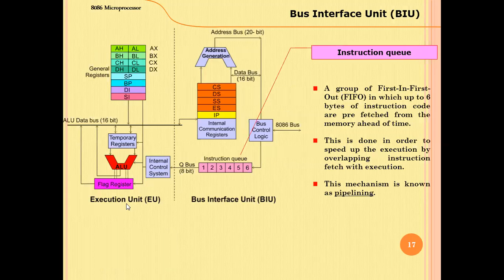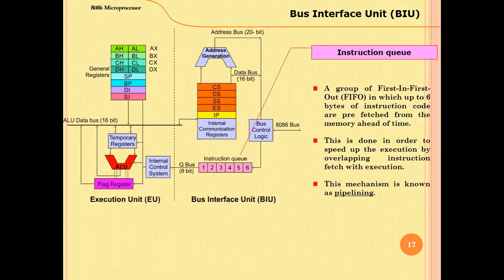And other than these, the BIU also contains an instruction queue. This is one of the specialties of the 8086 in comparison with earlier microprocessors. Because of the 6-byte queue, execution is sped up. Suppose you want data to be executed in the microprocessor, but the data is available in the memory.